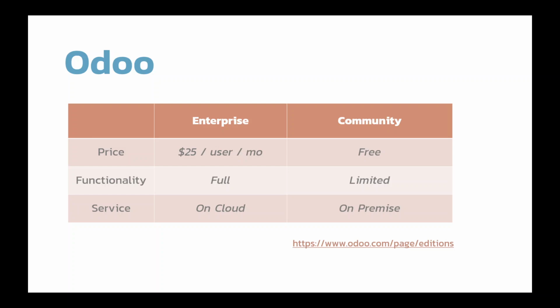Okay, so for Odoo, if you want to do the free option, you've got to use this version, community, right? So what's the catch? The community version has limited functionality. That's the catch. That's something that I don't like about Odoo: they want to force you to pay. So they purposely limit their functionality for you to pay, right? And this is actually getting worse.